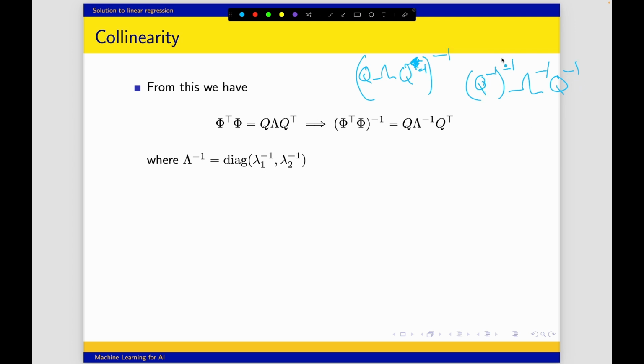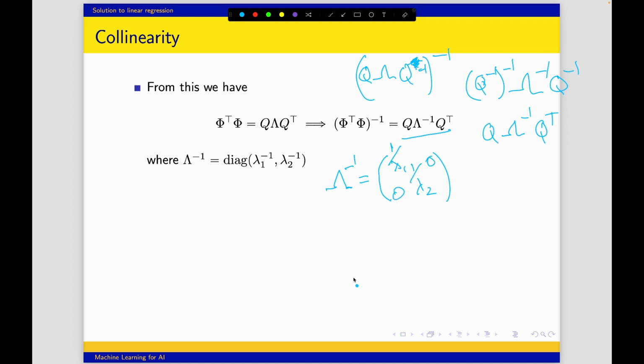Now the inverse of the inverse is just going to be Q. And this is lambda to the minus 1. And the inverse is equal to the transpose, so this is Q transpose. So we end up with this. Now what's this? If we have a diagonal matrix like this, which is what lambda is, the inverse of a diagonal matrix is just 1 over this, and we still get zeros here.